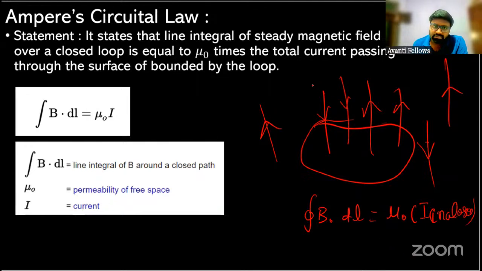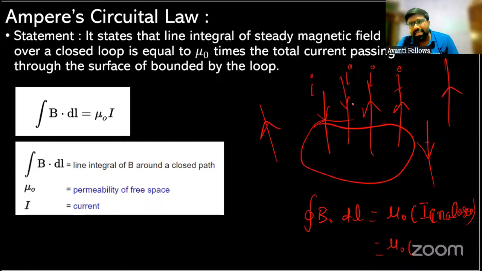Now suppose every current has value I, so it will become mu naught into I plus I. Current in the same direction you have to take positive, opposite direction you take negative. If you are considering the upward side as positive, you have to consider the downward side as negative. So if 2I is positive, the other 2I is negative, so it will become 2I minus 2I.